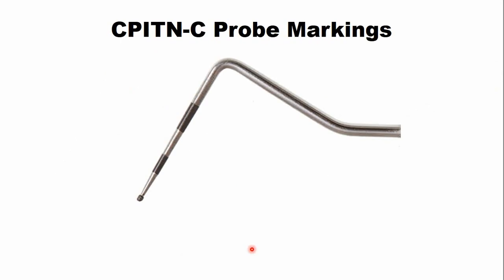Now we will discuss the CPITN probe markings. This is the ball, and the ball has a diameter of around 0.5 millimeter. The ball helps in the detection of dental calculus in the subgingival pockets, and it also prevents damage to the underlying connective tissue, which is sometimes inflamed as well.